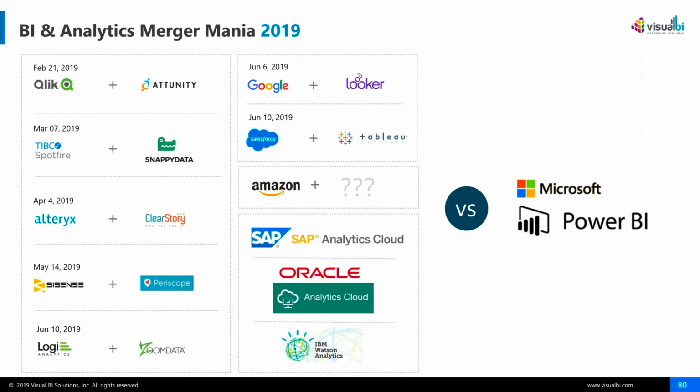Even Oracle came out with their Analytics Cloud, relaunching their analytics offering as late as last week. The legacy vendors like SAP, Oracle, and IBM are competing differently to Power BI versus Google, Salesforce, and Amazon. They're trying to quickly ramp up their analytics capability, because everybody is chasing Power BI.